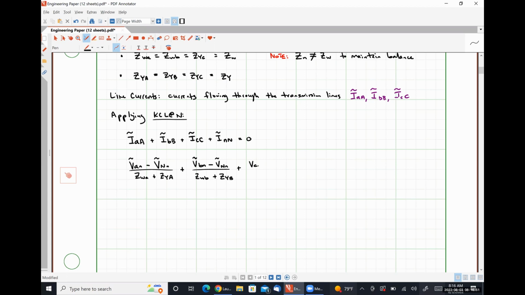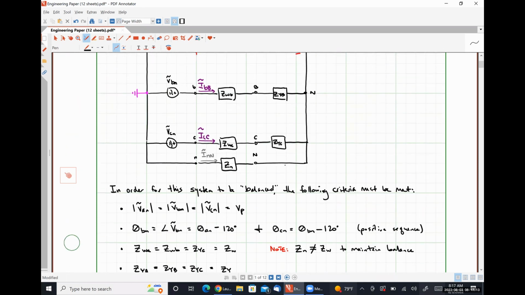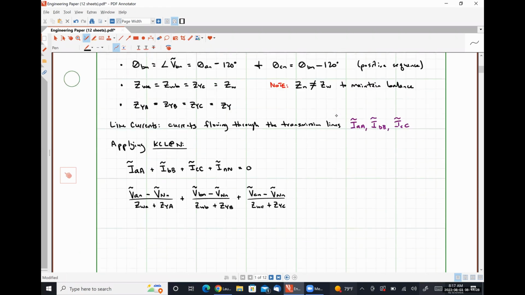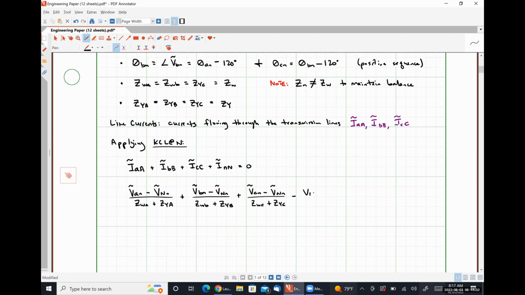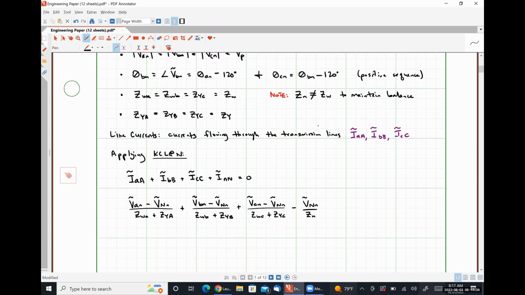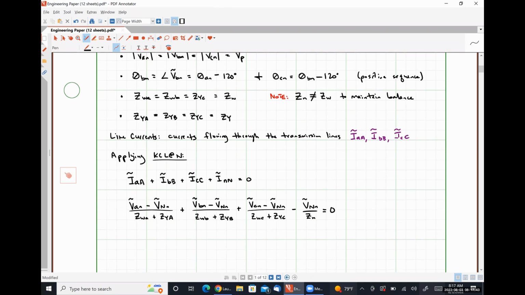Plus VCN minus VNN over ZWC plus ZYC. And then for our neutral current, the voltage here is simply 0 because it's tied directly to our reference. So we're going to have 0 minus VNN over Zn. Make sure I wrote the Zn. And set this equal to 0.